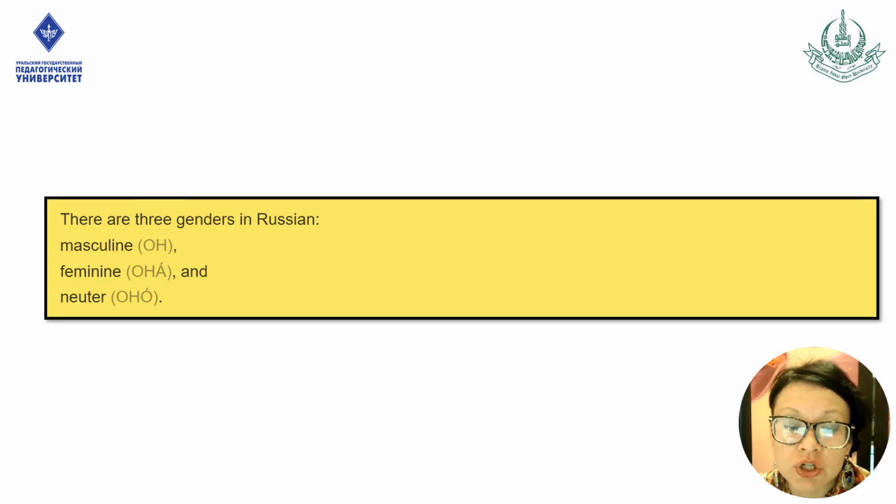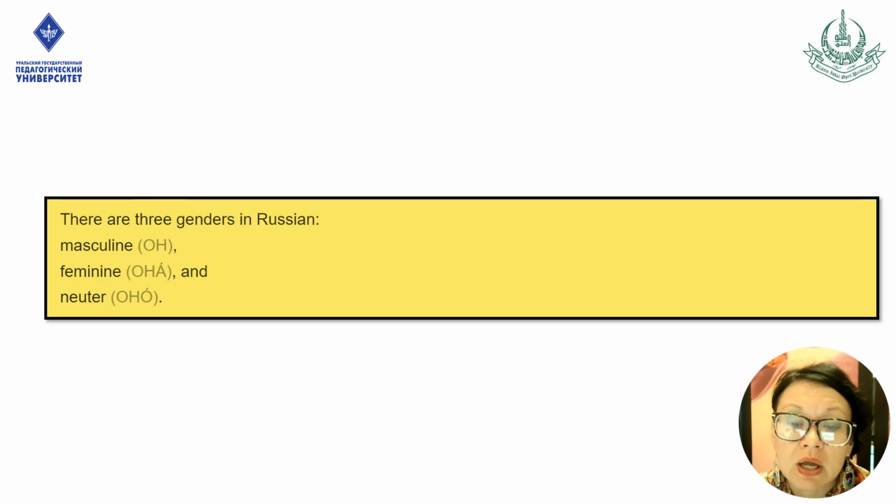All Russian nouns, adjectives, and pronouns may be divided into these three groups. One noun is a member of only one group. It can't change gender in Russian.